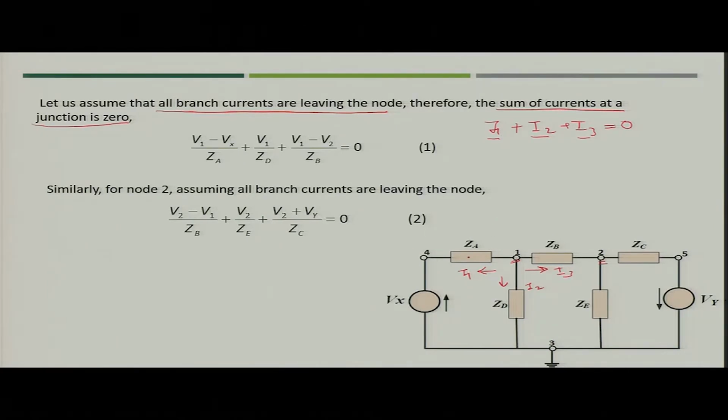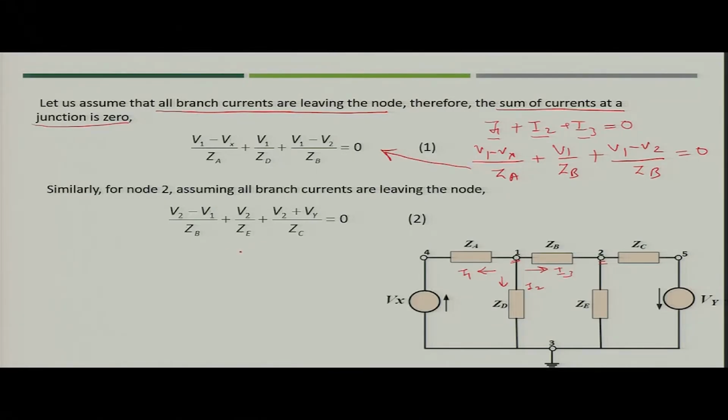So I1 you can write as V1 minus Vx divided by ZA, plus I2, which is simply the node voltage V1 divided by the impedance connected between node 1 and the reference node, plus current I3, which would be V1 minus V2 divided by the impedance ZB, and that would be equal to 0. So this is what you will get in the case of node 1.